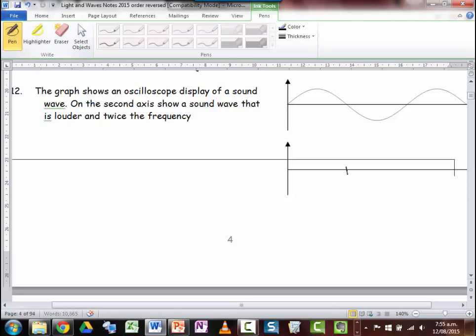So I'll draw the same. I don't know what just happened there, but let's just go with it.